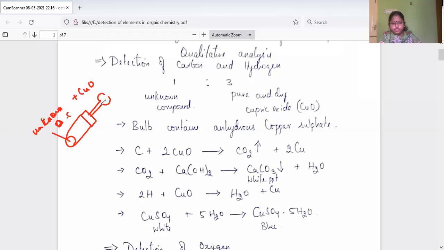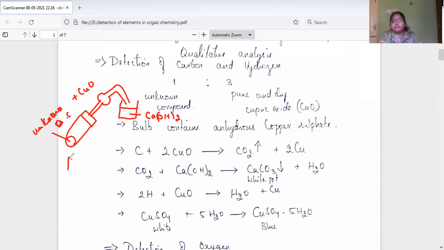And the delivery tube is connected to another beaker or test tube, which has lime water, which is calcium hydroxide. Got it? Okay. So now listen carefully.